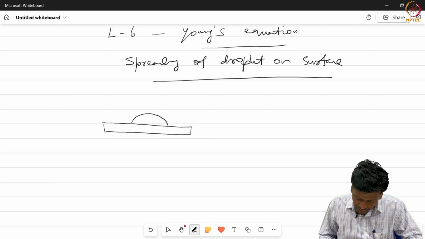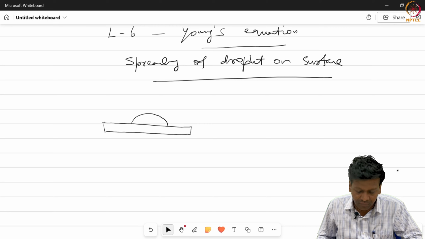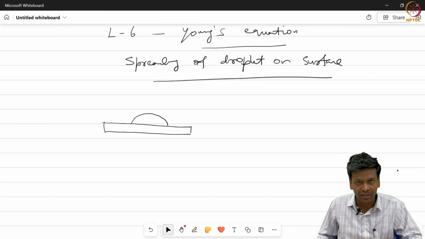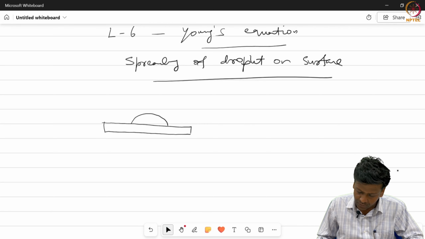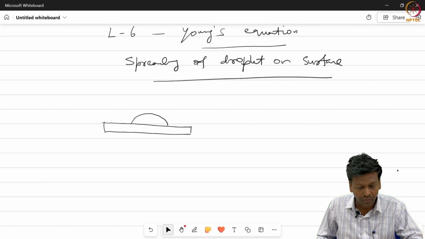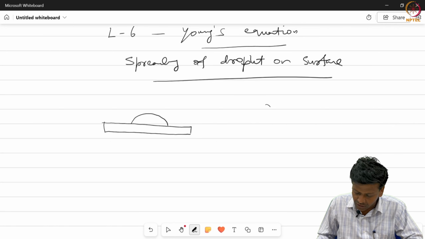We are going to look at the importance of this equation in various applications. In this equation, we look at the competitive forces, the various surface energies that exist when we spread liquid on the surface: gamma SG, associated with the surface and the gas phase it is exposed to, gamma SL, and gamma LG.